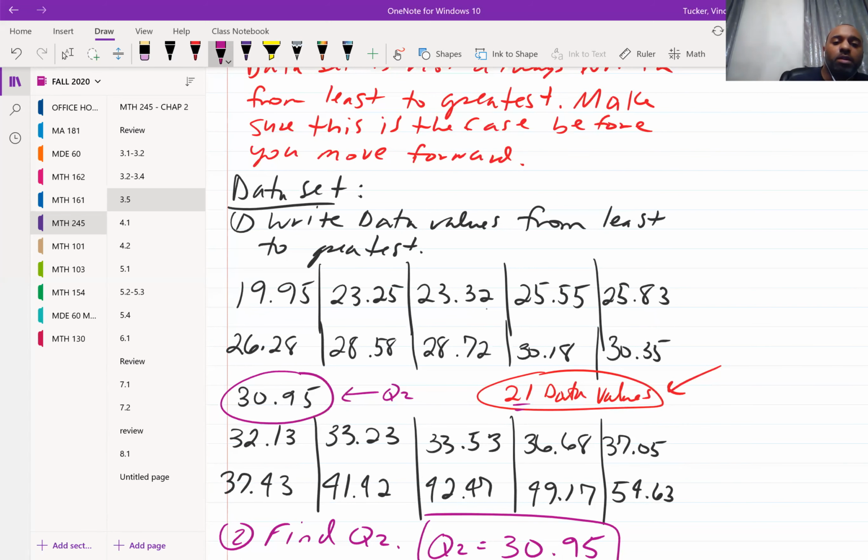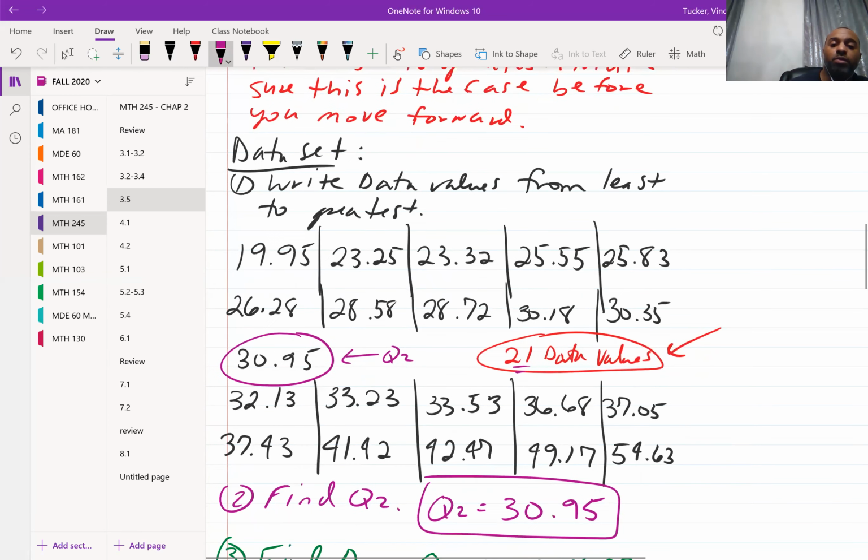And 30.95 is our middle value. So that's going to be Q2.